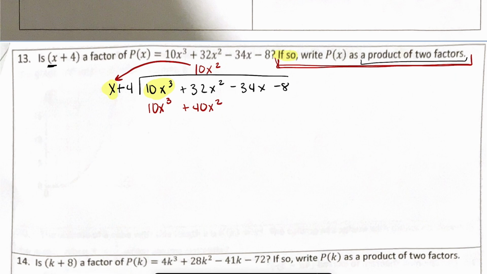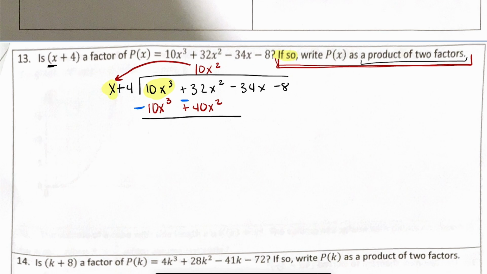Now we have to subtract just like regular long division, and we distribute the negative. What I tell you guys is we can just flip the sign and think of it as distributing the negative. So we have negative 10 here, and this becomes negative 40.